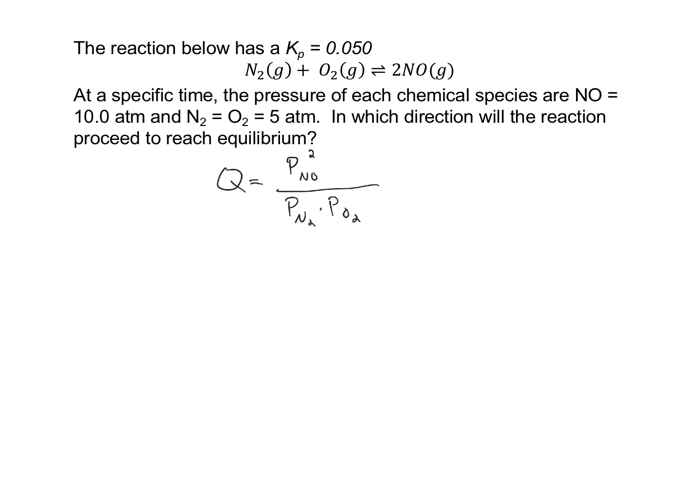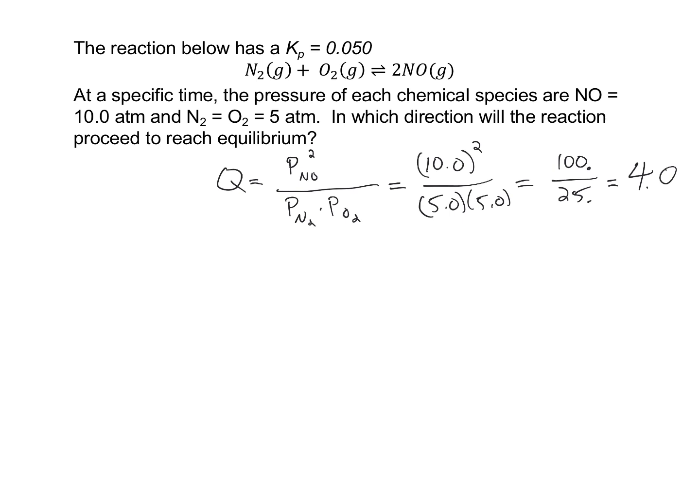If I plug in the values for the pressures I was given, I have 10.0 squared over 5 atmospheres times 5 atmospheres. So I get 100 over 25, or my Q is 4.